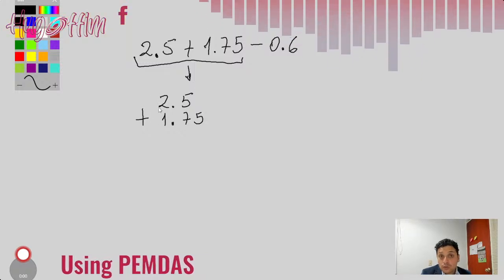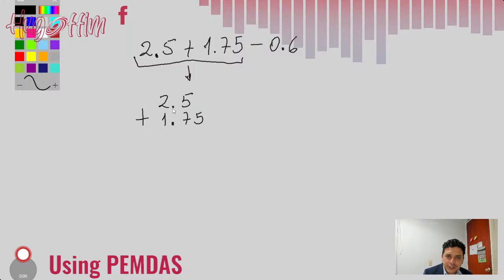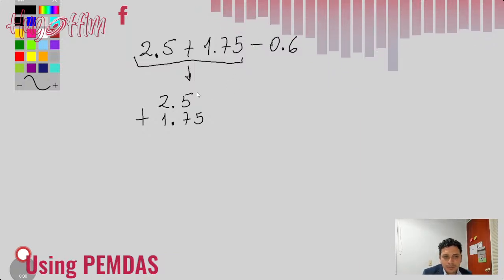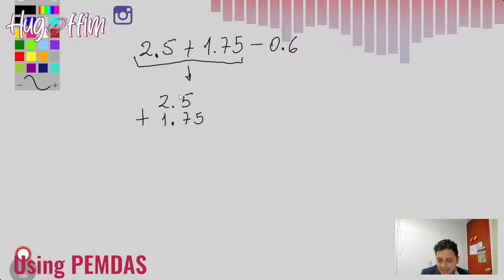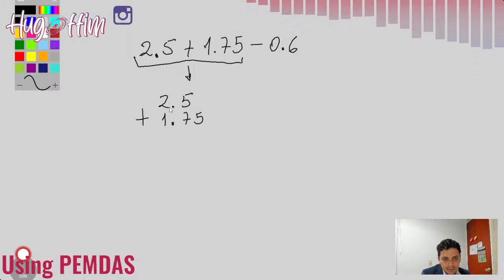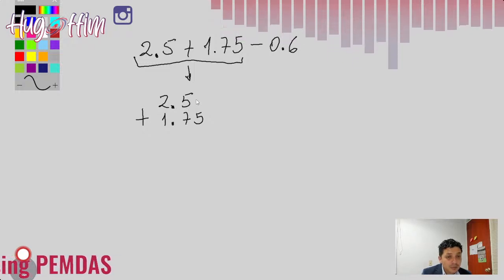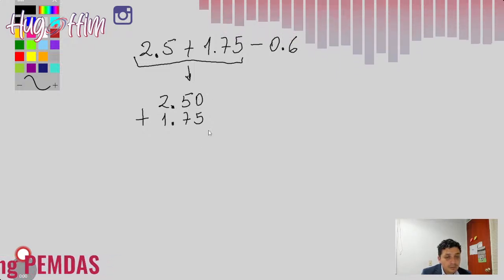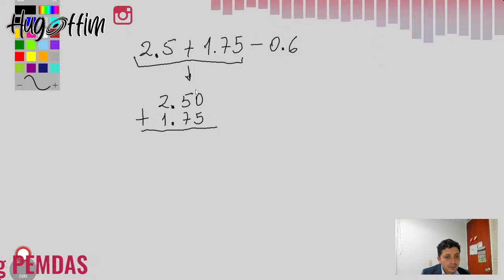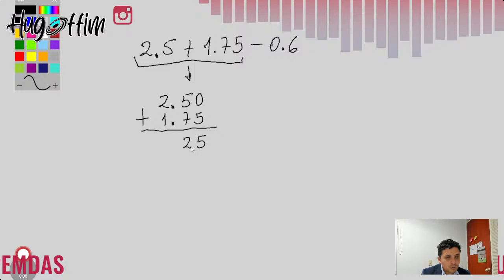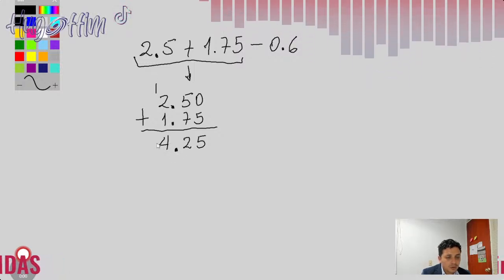Observe, I'm using column form, and as I'm learning how to use decimals, even though I'm using column form, I'm going to put the highest number up. Okay, now I need to complete my decimals with zeros if I want to perform the addition. To add: 5 plus 0 is 5, 7 plus 5 is 12, 2 plus 2 is 4, 4.25.